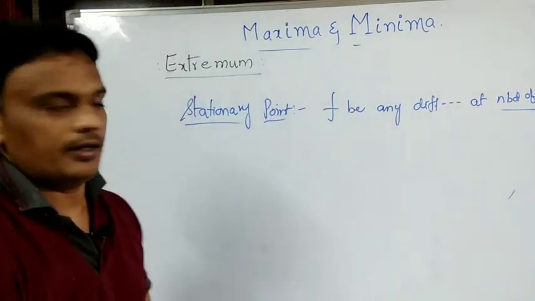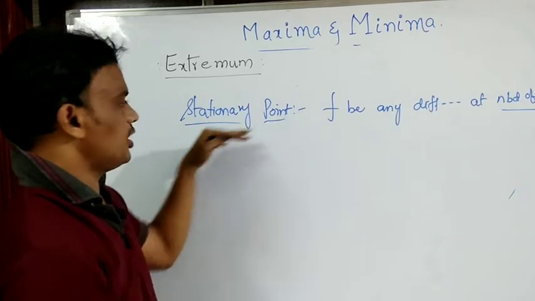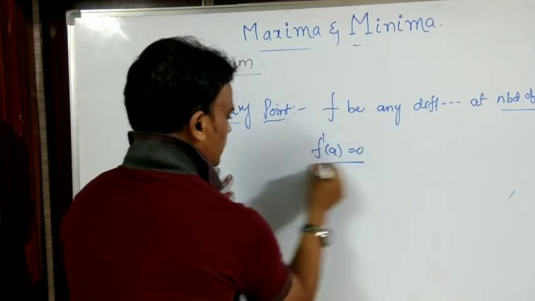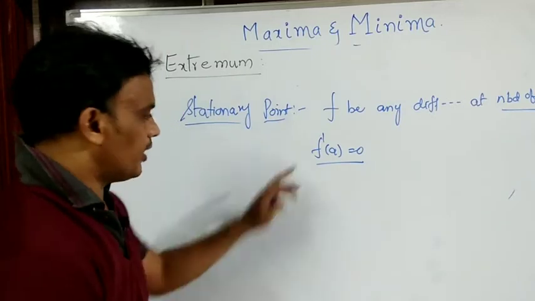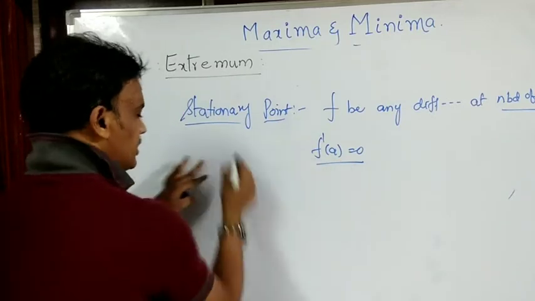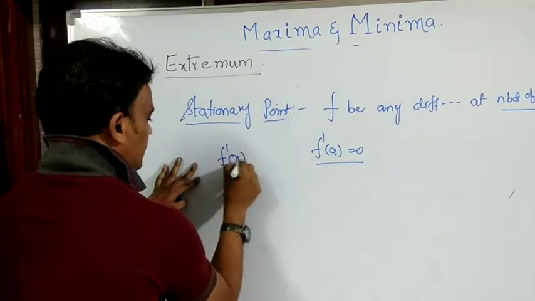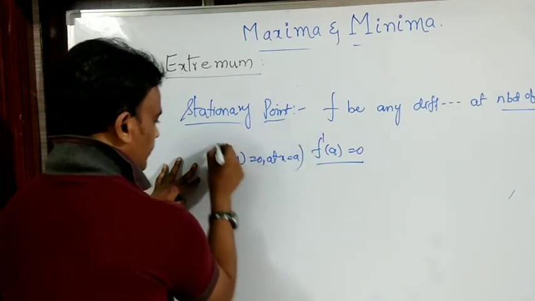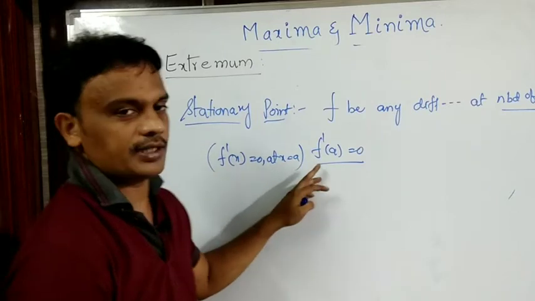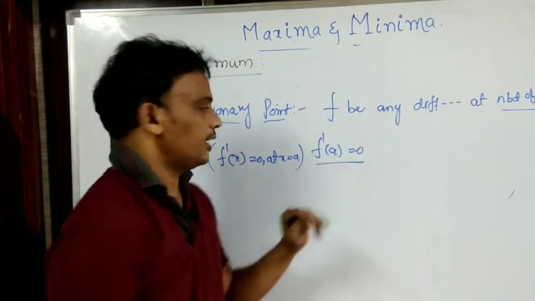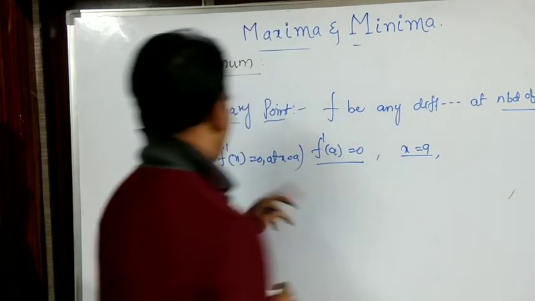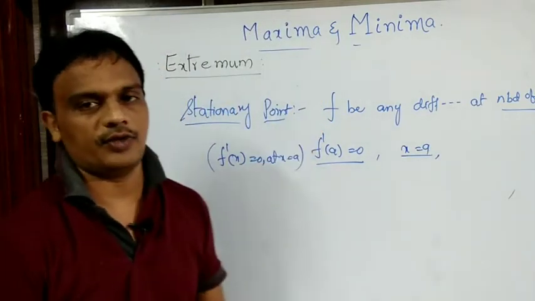A point is said to be a stationary point when its derivative becomes 0 at that particular point, f dash of x equals 0 at the point a. That I can write as f dash of a equals 0. Then I can say the point x equals a is called a stationary point of that function.